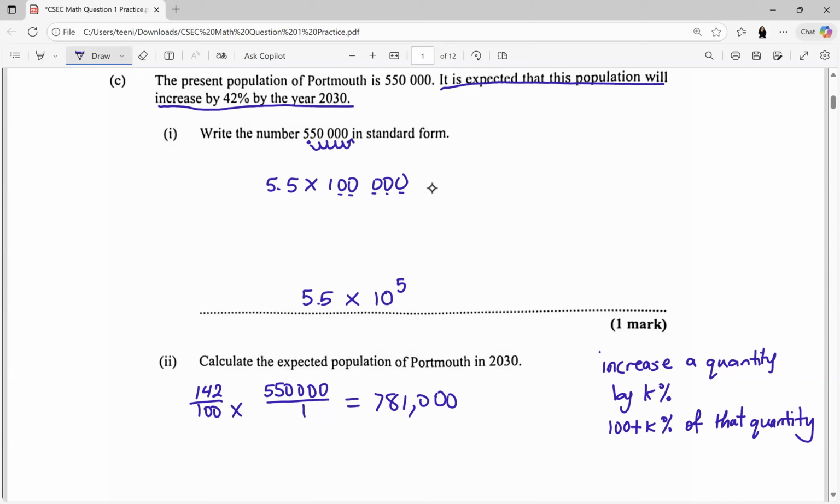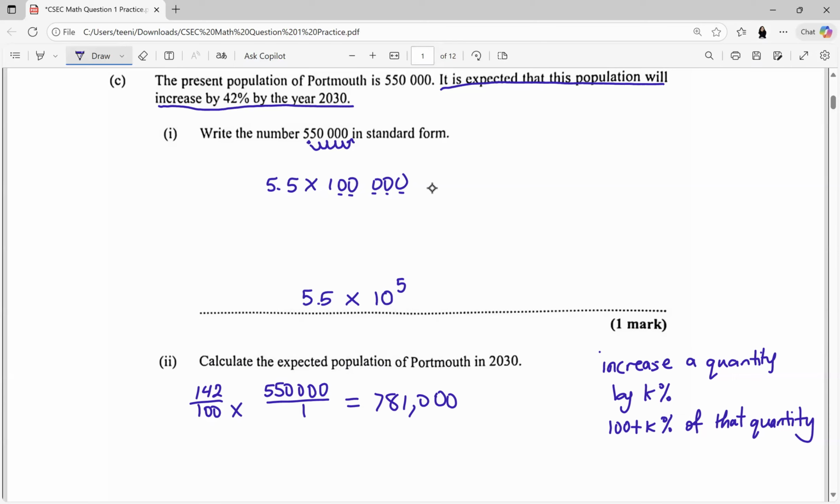Because a percentage increase will always be more than 100%, since 100% is the total of any original quantity. So anytime you have a percentage increase, you add that to 100 and multiply it by the original quantity. So that's one method.